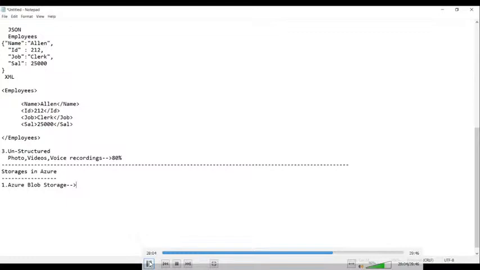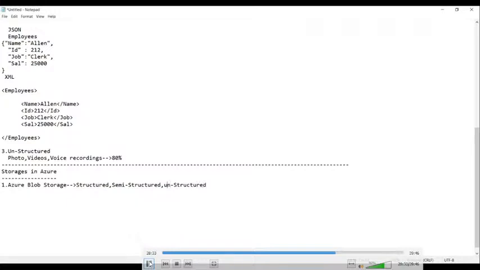That means Azure Blob Storage can store structured data, semi-structured, and unstructured data.